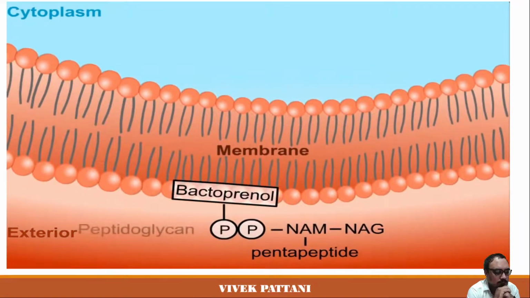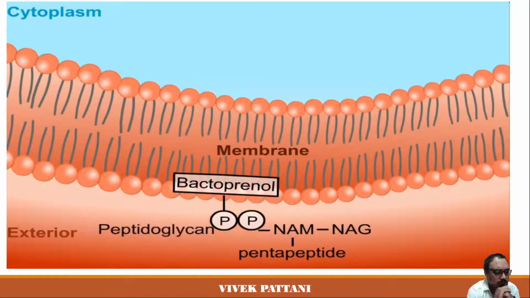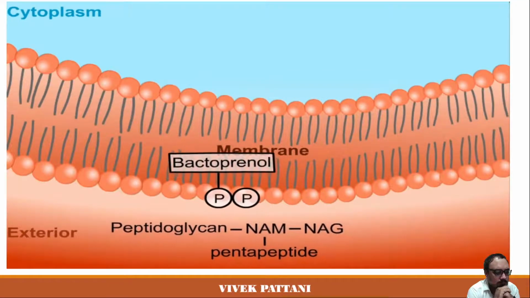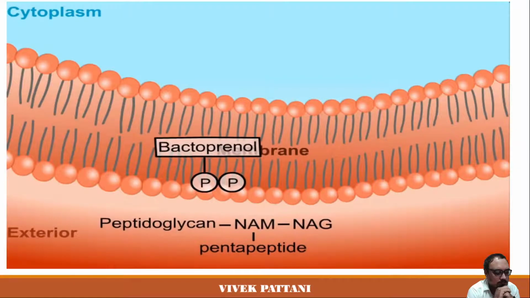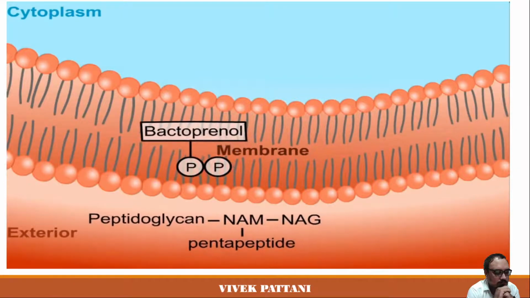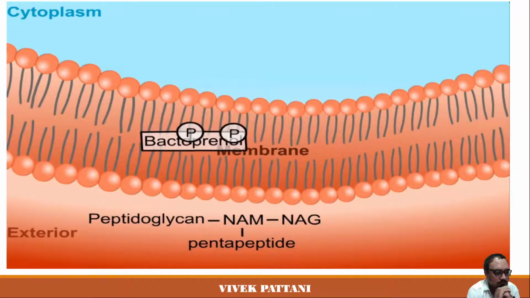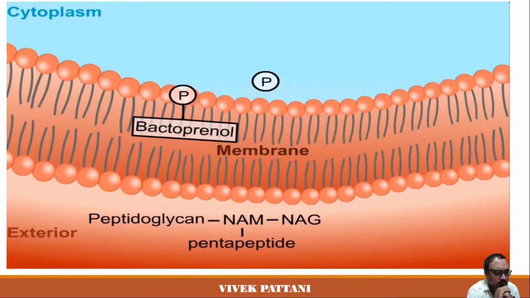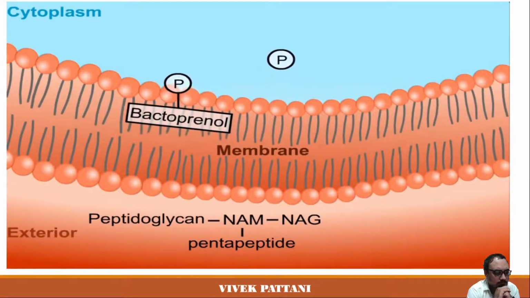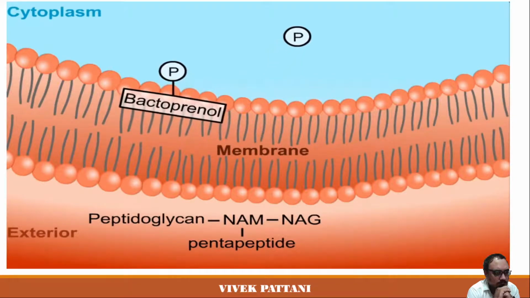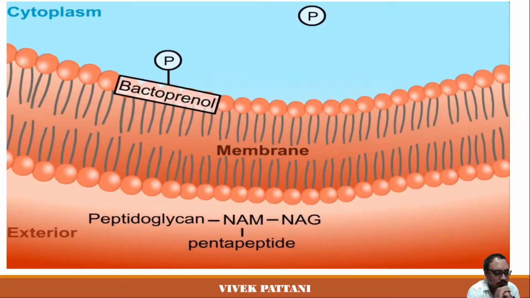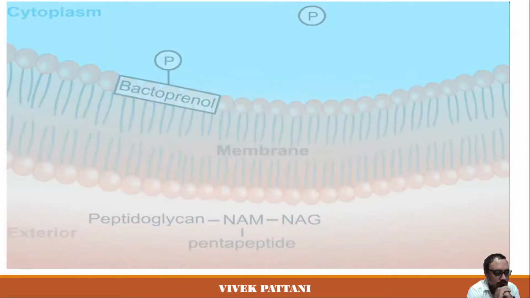The disaccharide pentapeptide is then transferred to the growing end of the peptidoglycan chain to lengthen it by 1 repeat unit. As the bactoprenol pyrophosphate returns to the inside of the cell membrane, one phosphate is removed by a pyrophosphatase, leaving a bactoprenol phosphate to accept another NAM pentapeptide.